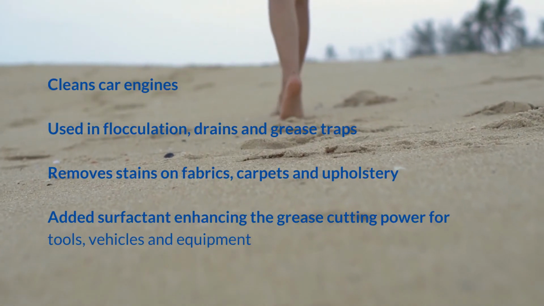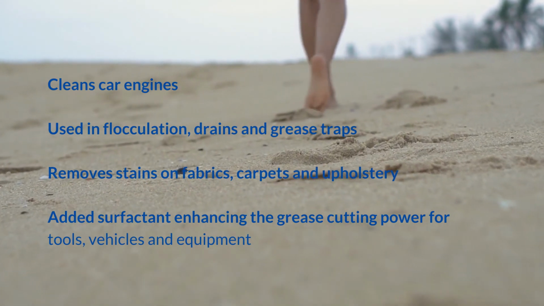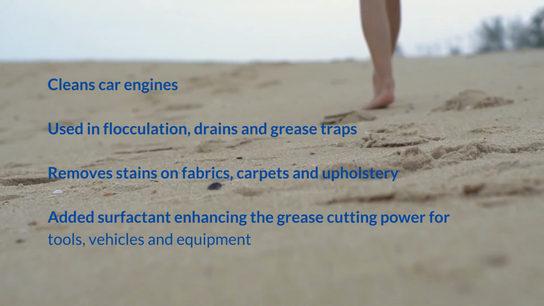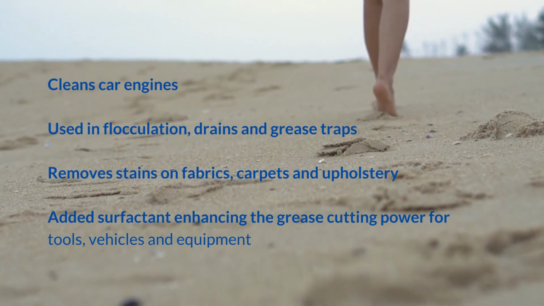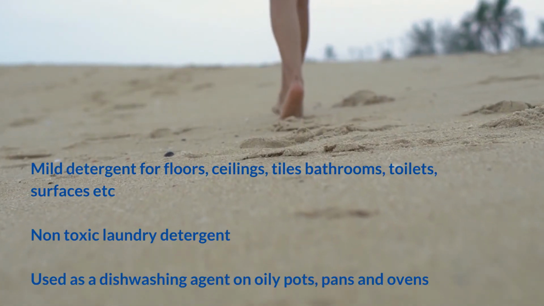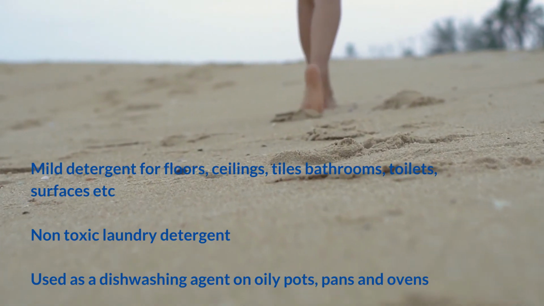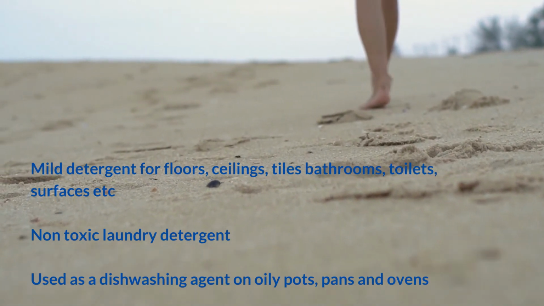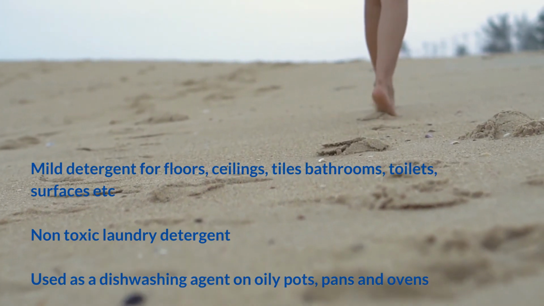It removes biofilms, descales washing machines, cleans car engines. It's used in drains and grease traps, stains on fabric, carpets and upholstery, added as a surfactant enhancing the grease-cutting power for tools, vehicles and equipment. It's a mild detergent for cleaning floors, ceilings, tiles, bathrooms, toilets and surfaces.